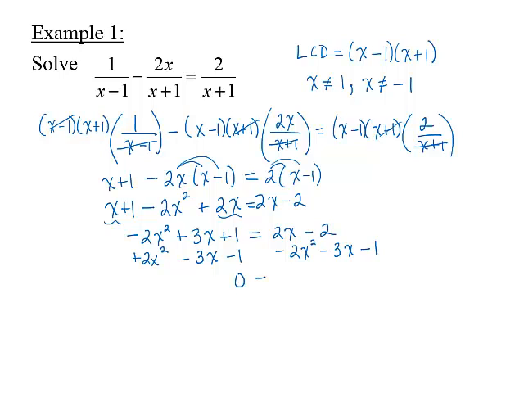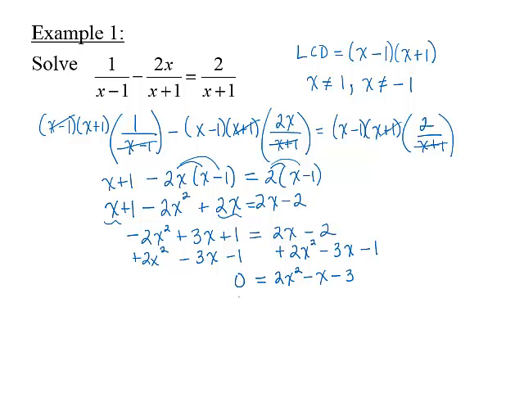This gives us 0 is equal to 2x squared, 2x minus 3x is minus x, and minus 2 minus 1 is minus 3.